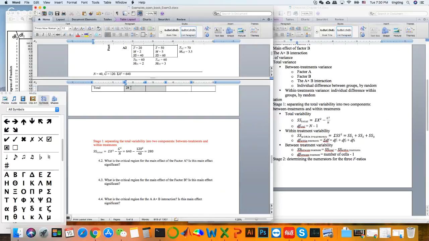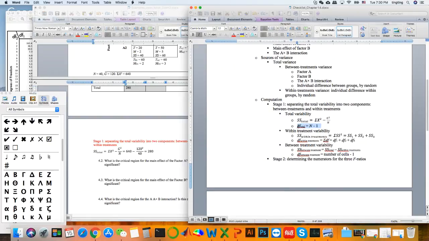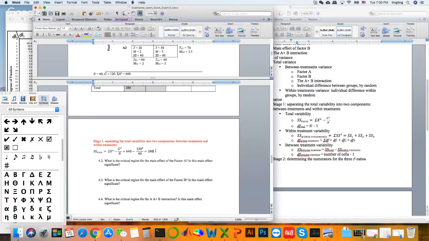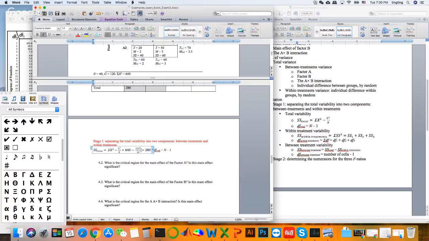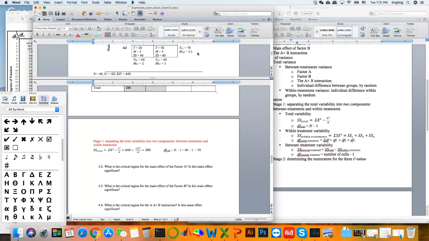Put the numbers here. And the degrees of freedom equals N minus 1. That's simple. Make sure it's capitalized N, right? Which is 40, so 40 minus 1 equals 39. Put 39 here.